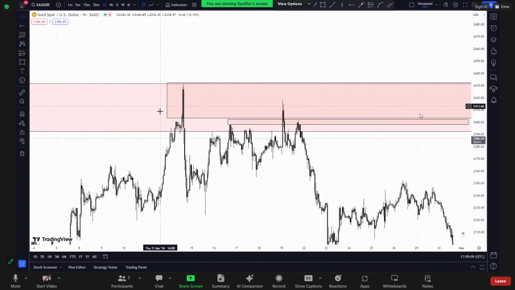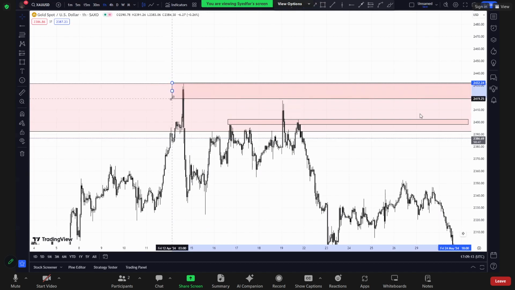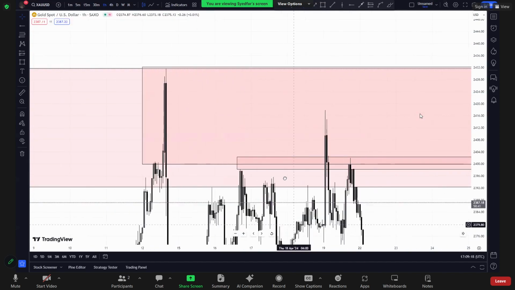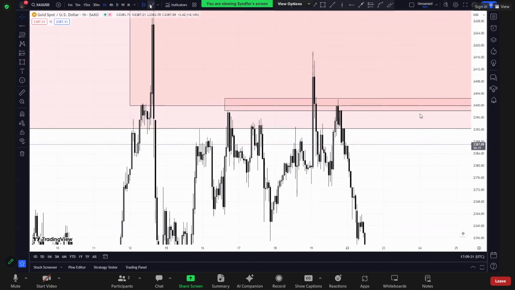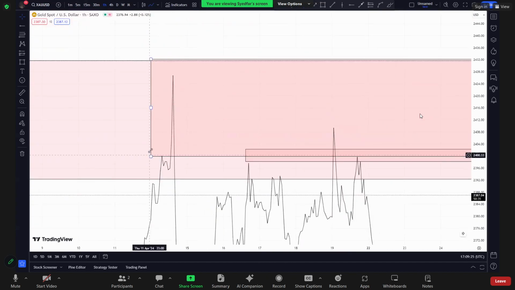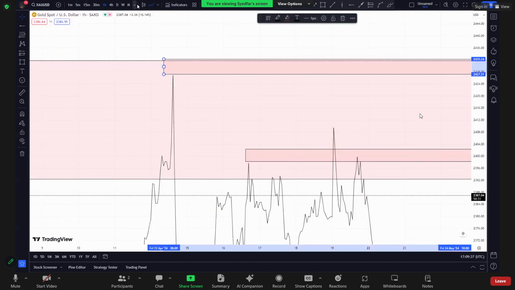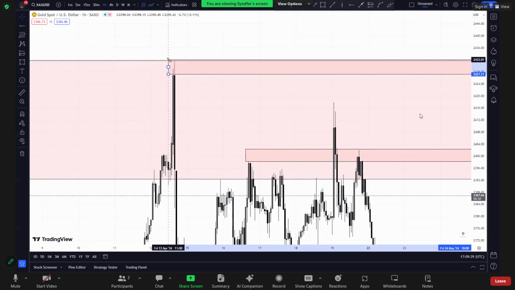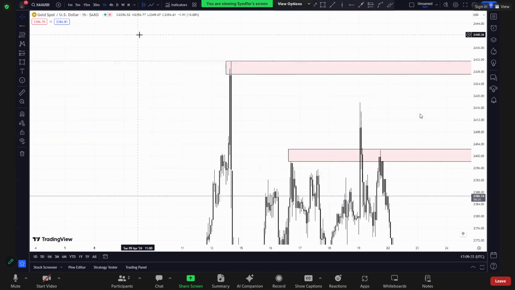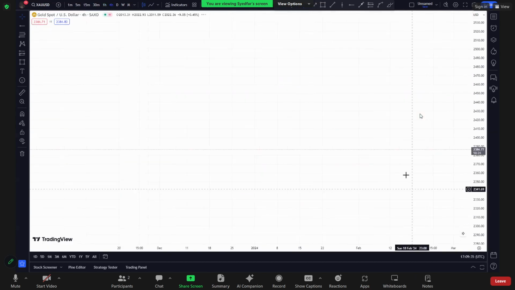In H1, if you precise, we can only take here, because this one is not a valid BPE, you can see. So you can take this BPE. So we have two zones for waiting. Just monitor these two zones for your entry point. You understand?